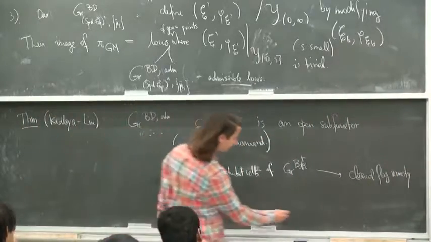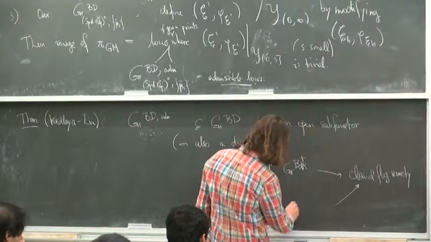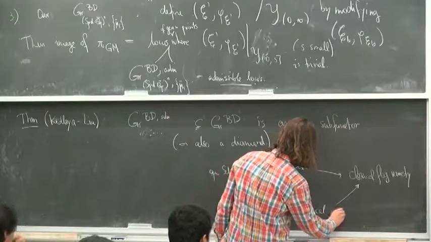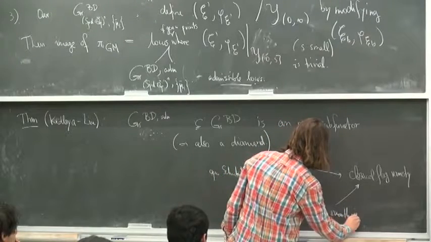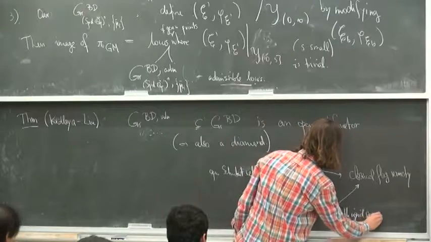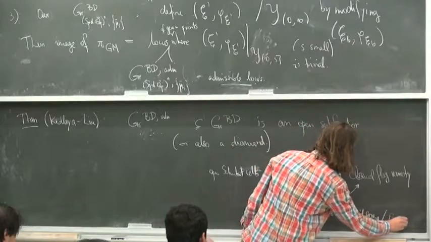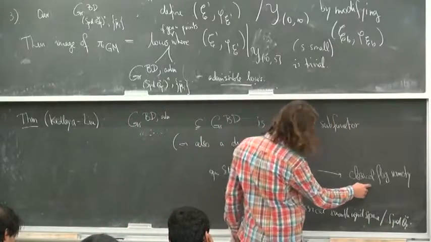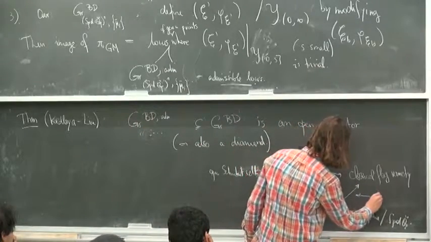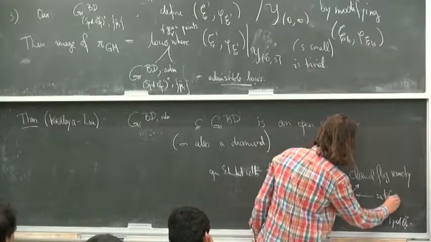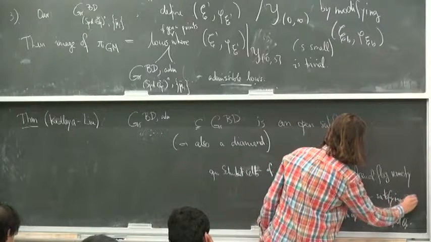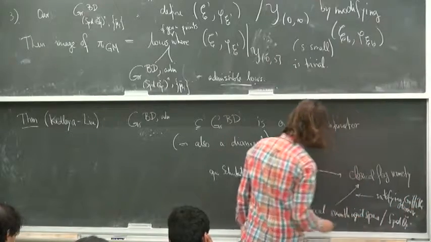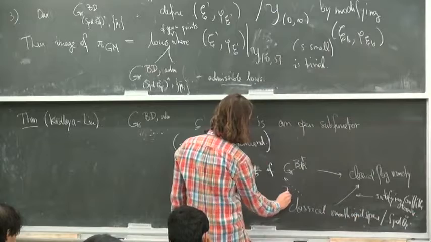Whenever you have some classical smooth rigid space over Q_p which maps to here in such a way that it satisfies Griffiths transversality, then this lifts in a unique way to up here.